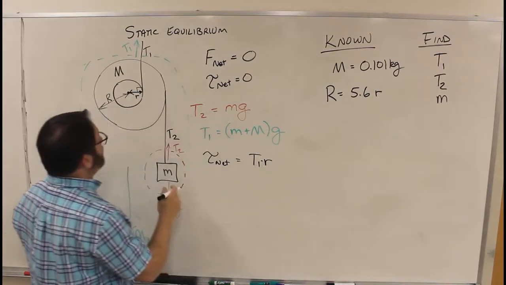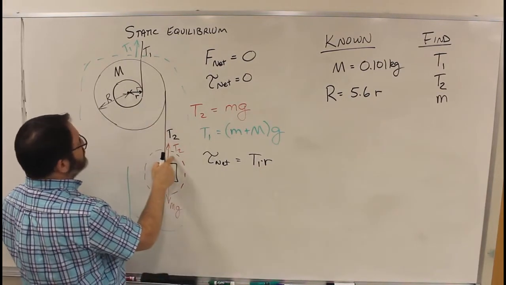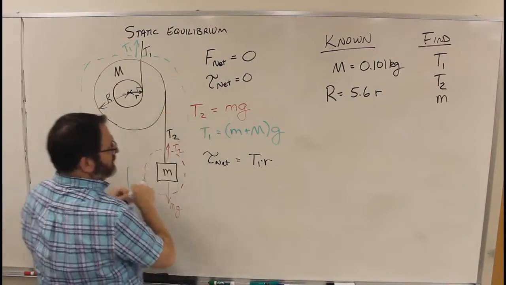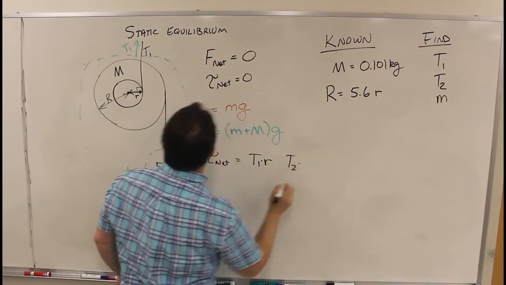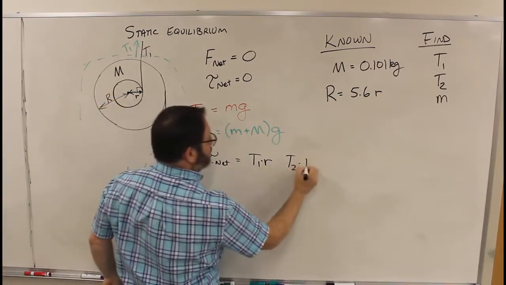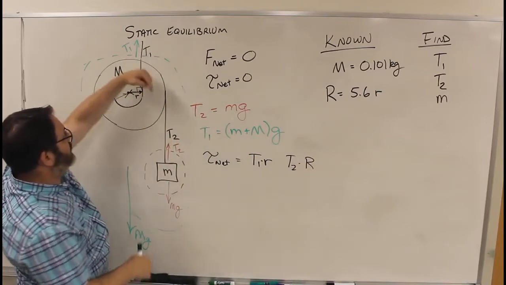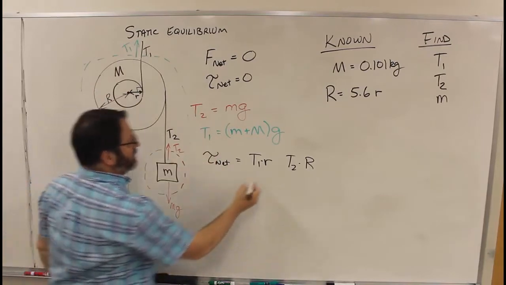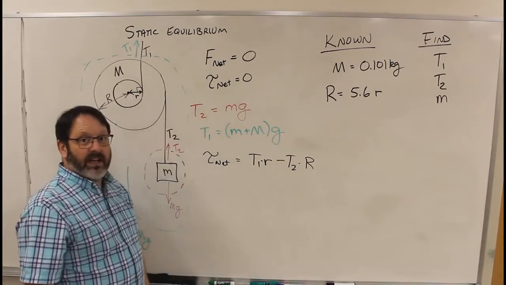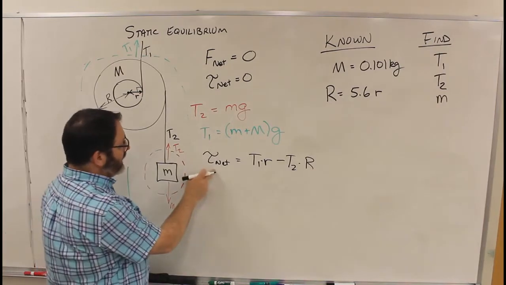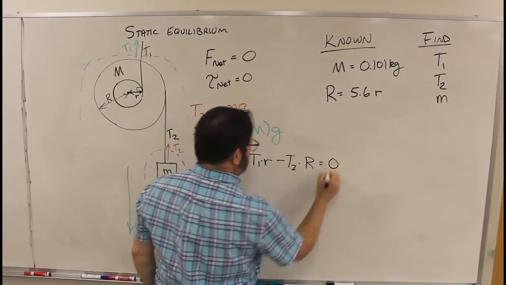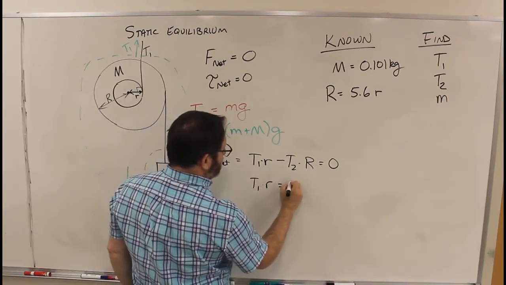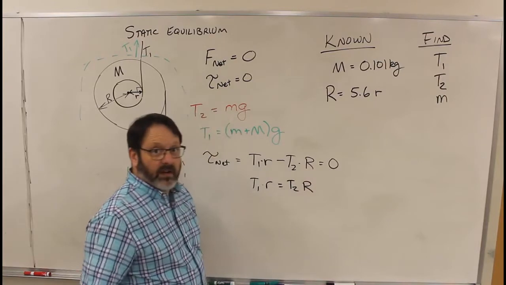So T1 times r, and then we've also got T2 out here. On the yo-yo, T2 is pulling down, so we've got T2 at a distance, big R. If it's pulling down on the yo-yo, then that's trying to make the yo-yo turn this direction, the negative direction, clockwise. And the net torque has to be 0. So this means that T1 times little r equals T2 times big R.